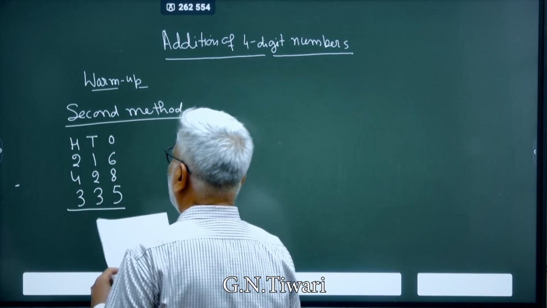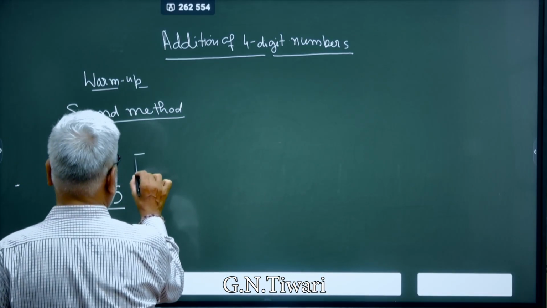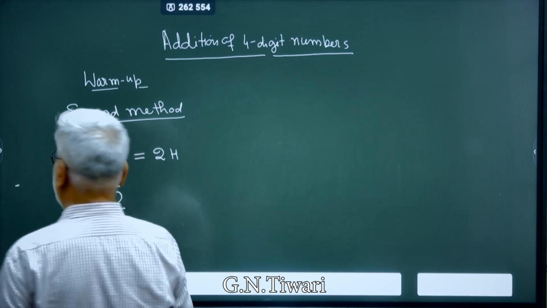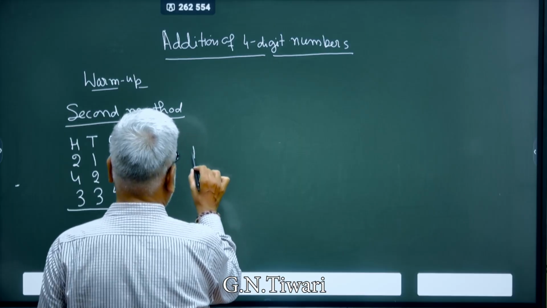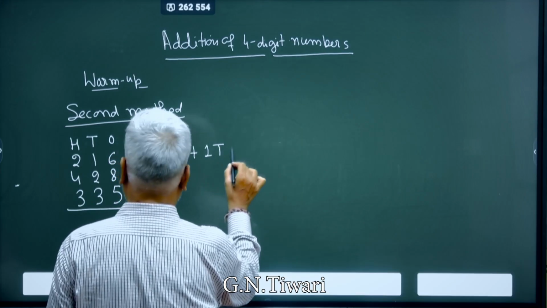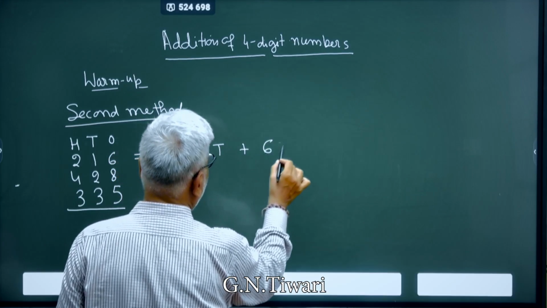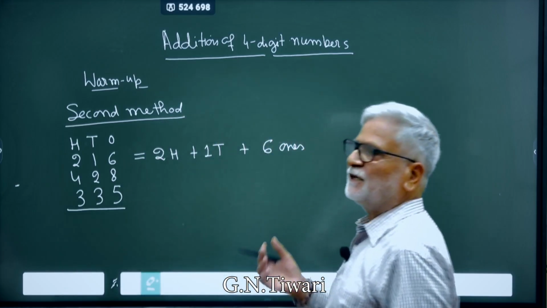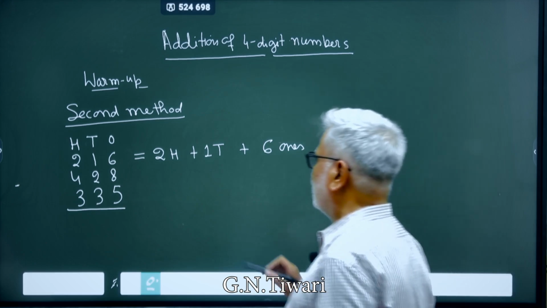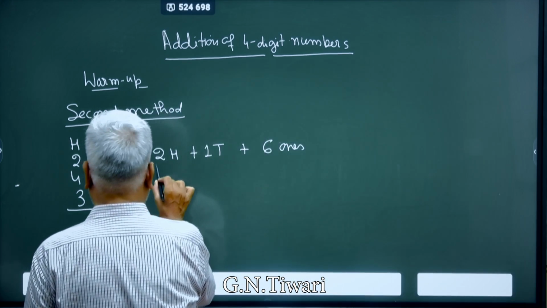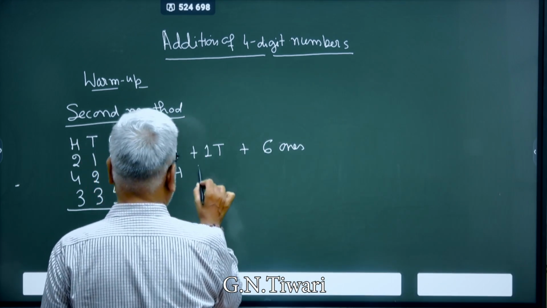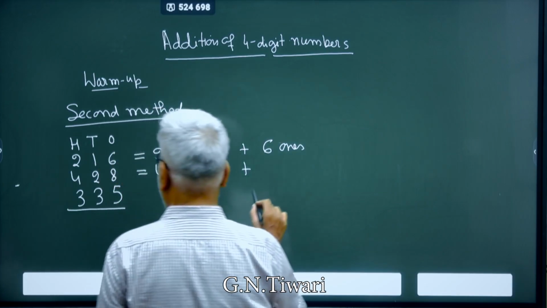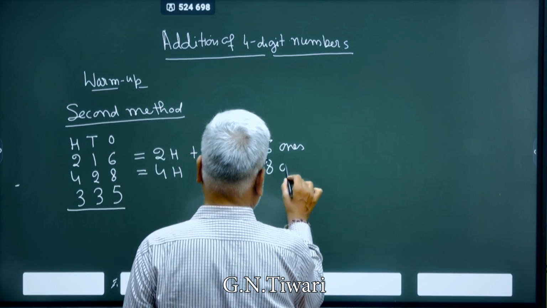Now this you can write as this. 2H expanded form. 2H plus 1T plus 6 ones here I am writing, because if you write O, it confuses with 60. Then here 4H plus 2T plus 8 ones.